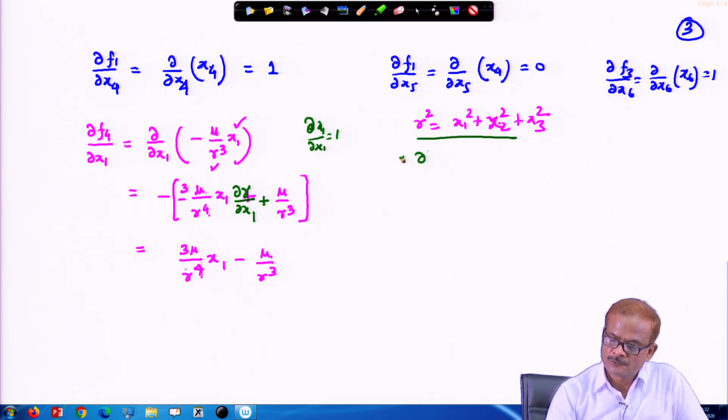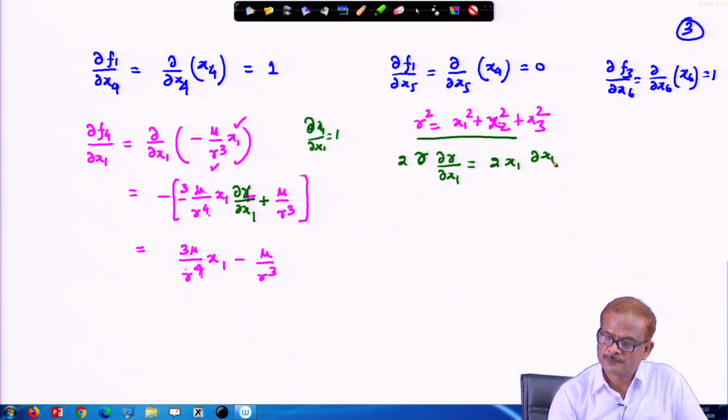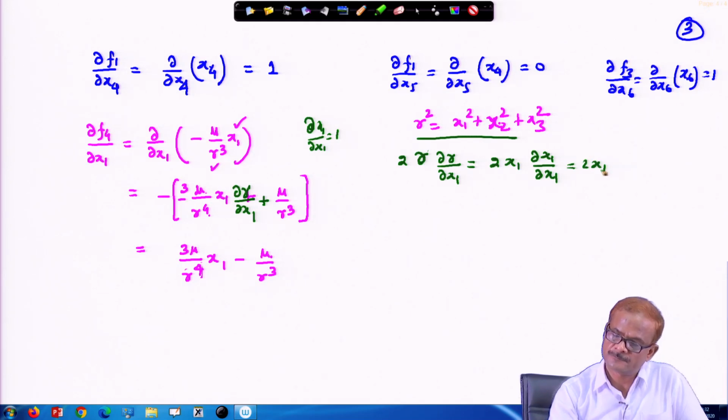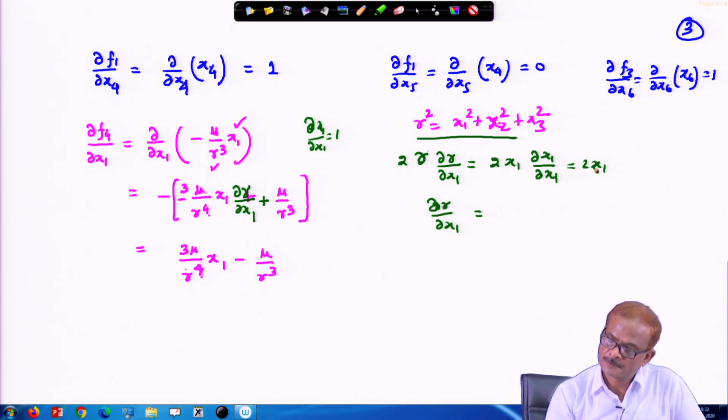So, 2 times r dou r by dou x 1 will be equal to 2 times x 1 dou x 1 by dou x 1. So, this is 2 x 1 and therefore, dou r by dou x 1 gets reduced to x 1 by r.